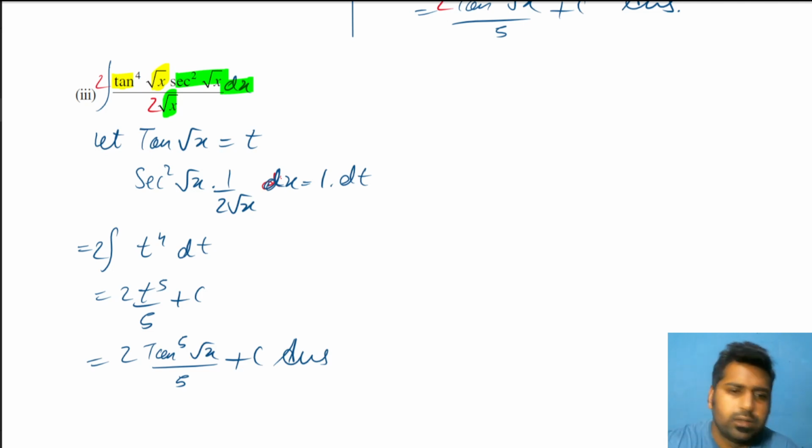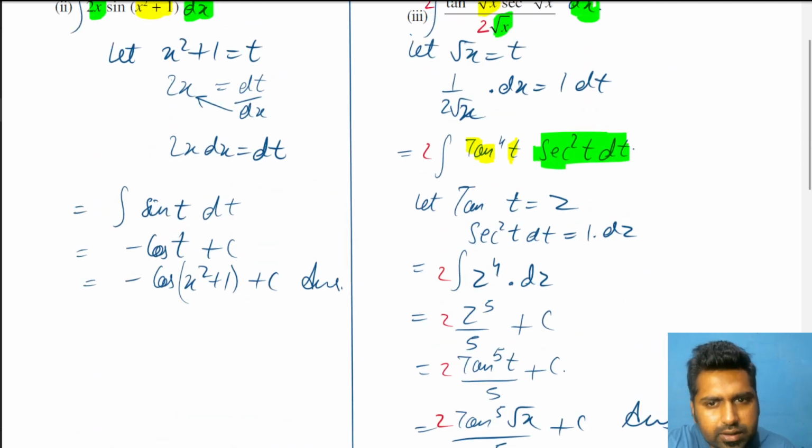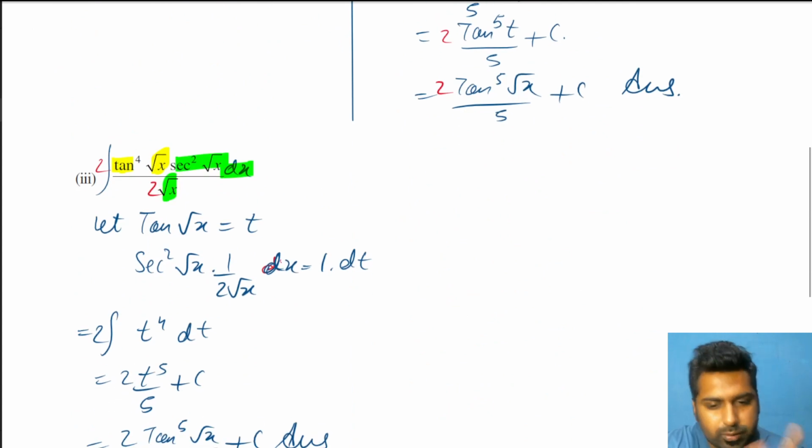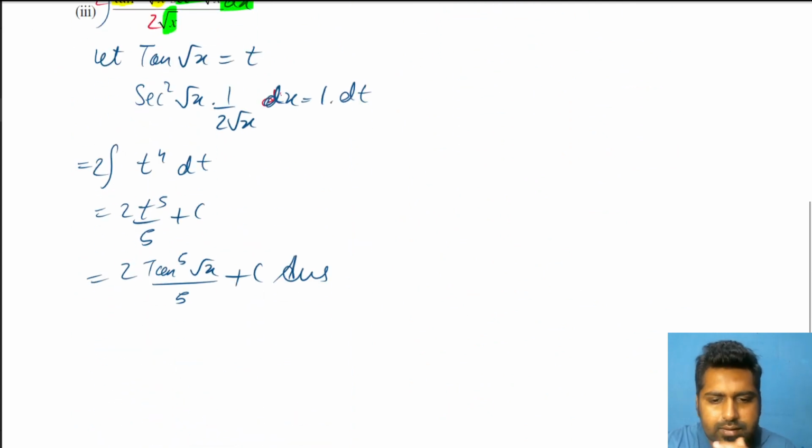Both approaches are fine, both are giving the correct answer. It's just that one approach is showing you 2 substitutions, the other 1 single substitution, and typical questions will have multiple substitutions. You might not be able to see whether it can be done in one substitution or not.